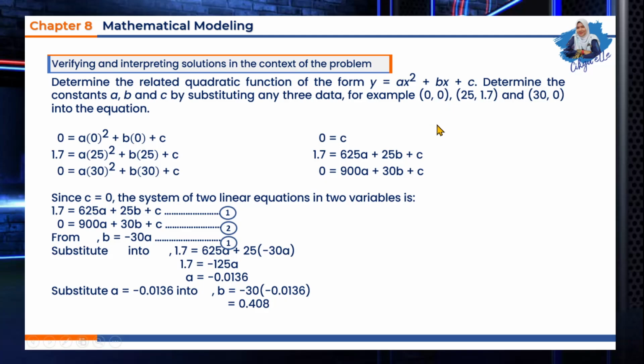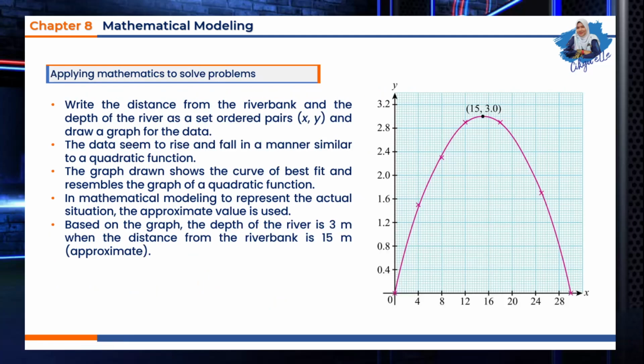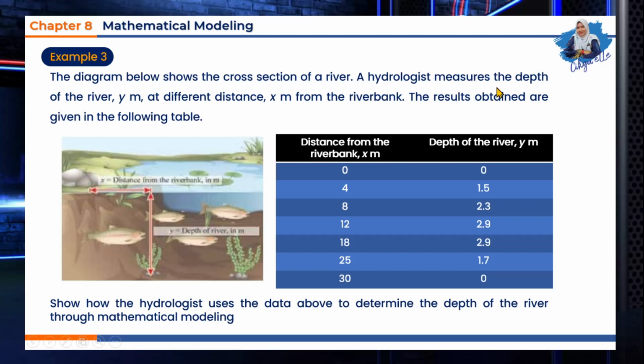We substitute any three values from the data we have, for example (0, 0), (25, 1.7), and (30, 0), based on this table.